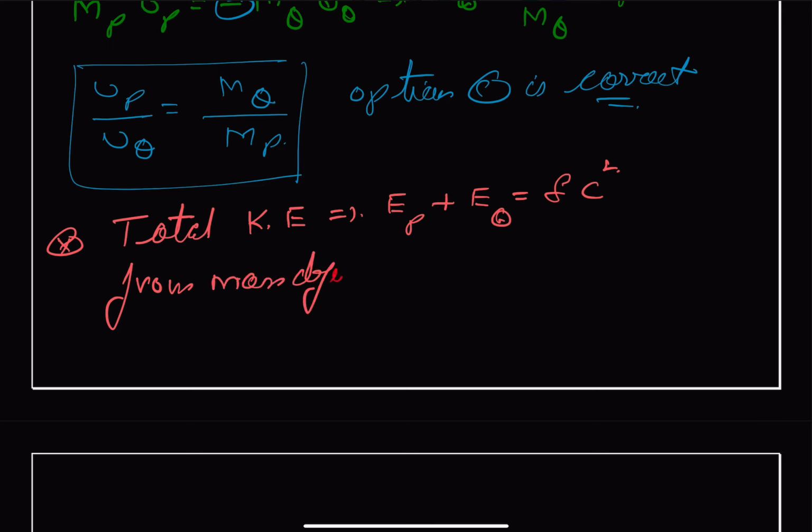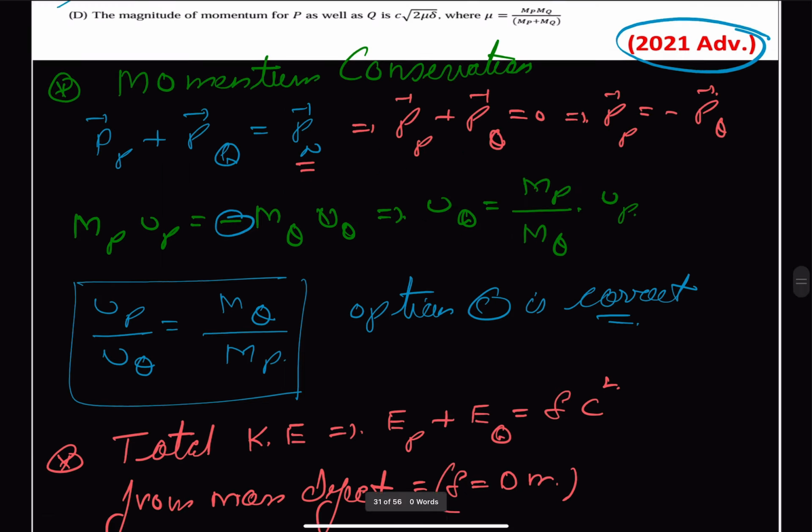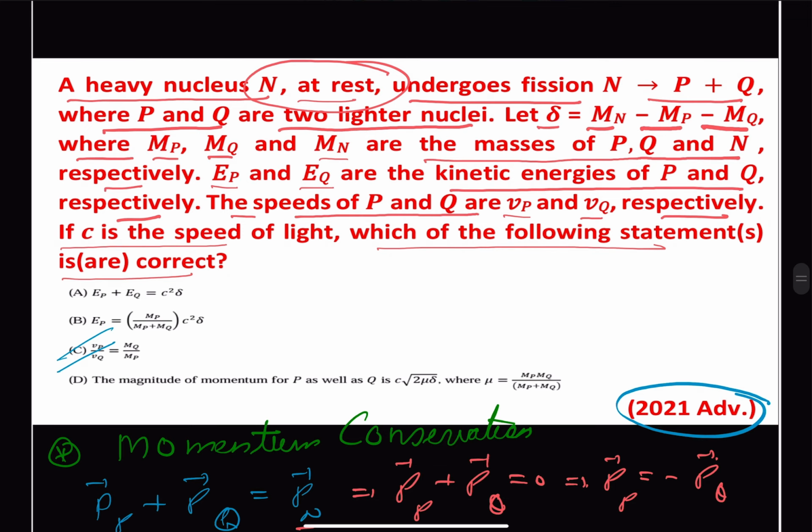In this particular case this delta is the representation of our mass defect, because in the question it is given that delta is equal to the difference between their masses. This is correct because usually we write it like this.